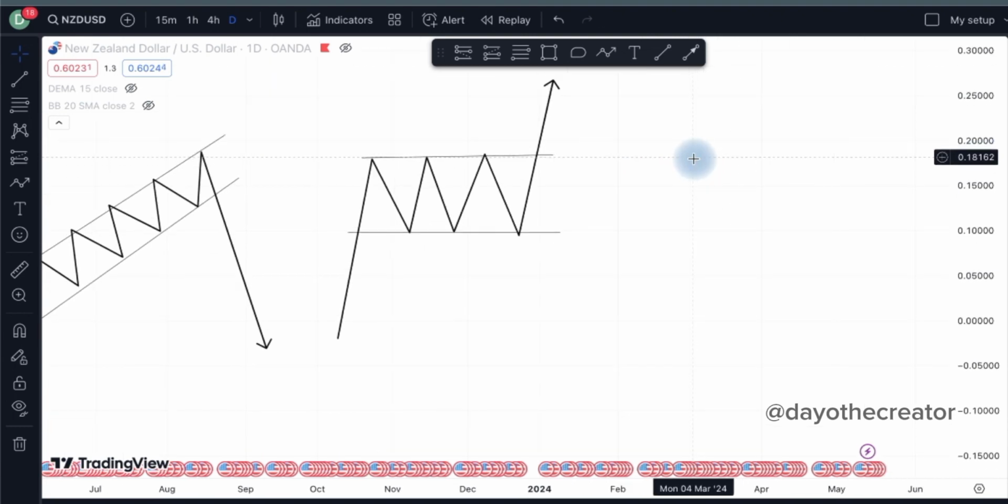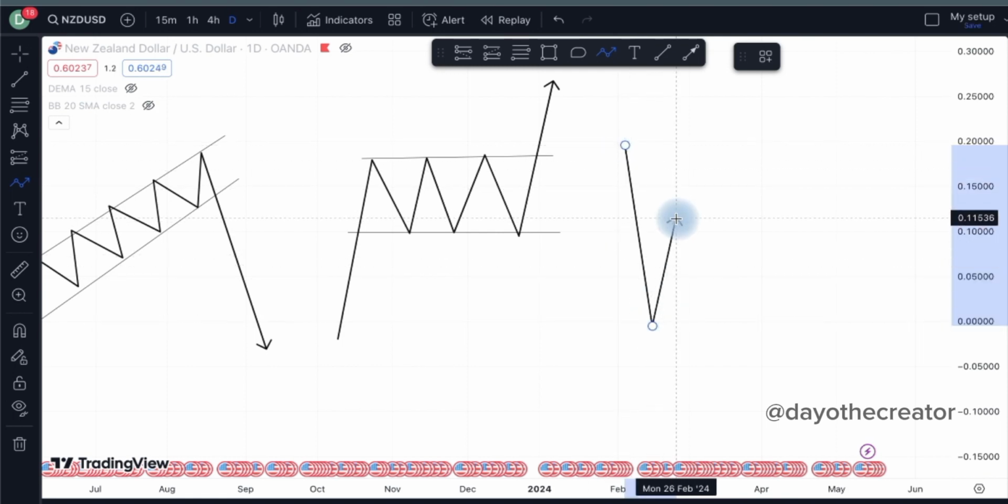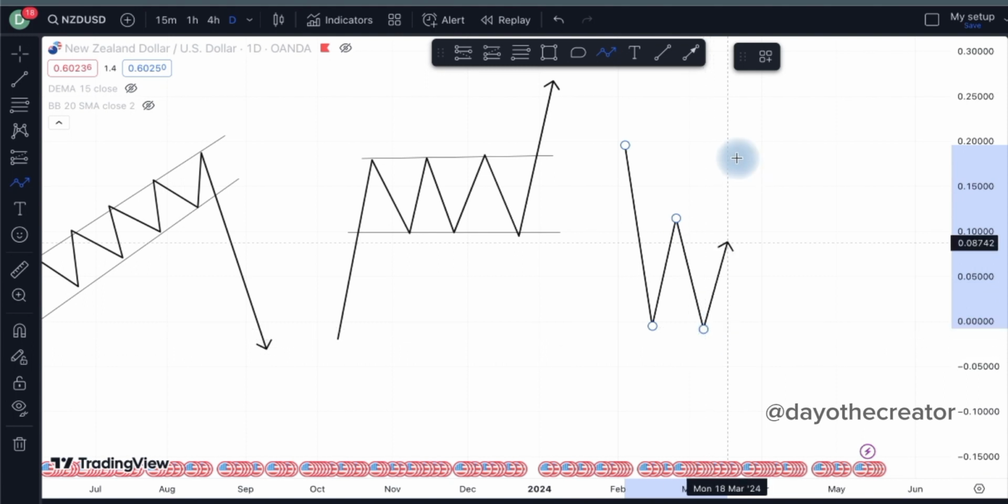The third liquidity is what we call the equal lows or equal highs, or we can also refer to it as the double top and double bottom. For those people that are into chart patterns, you'll be able to recall this name. The market can decide to take you out from this kind of pattern.